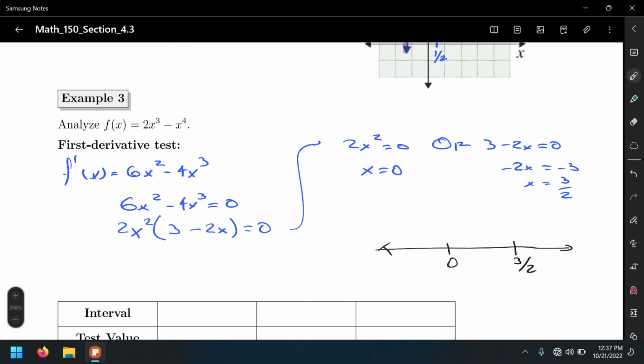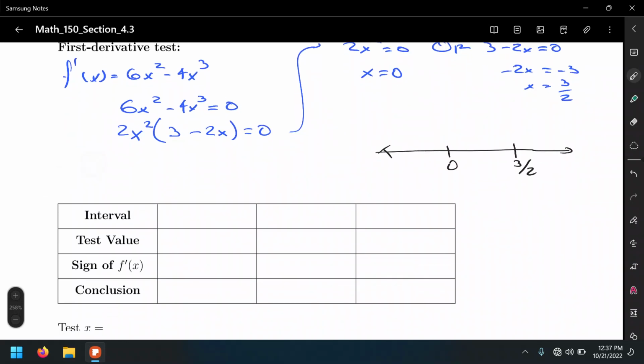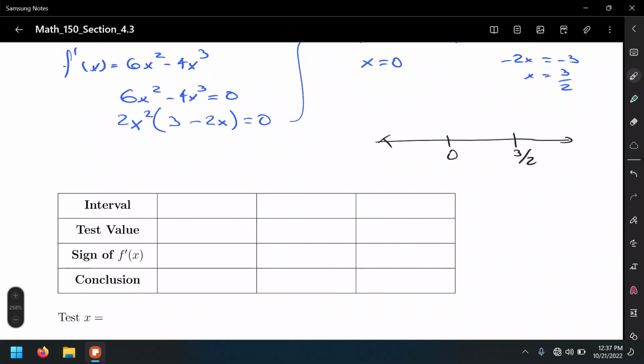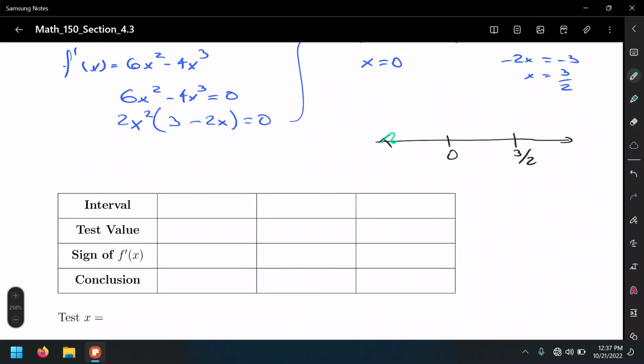So we need to describe each interval so we can choose our test value accordingly. Number 1, the first interval is going to be negative infinity to 0. The second interval goes from 0 to 3/2. And the third interval from 3/2 to infinity.